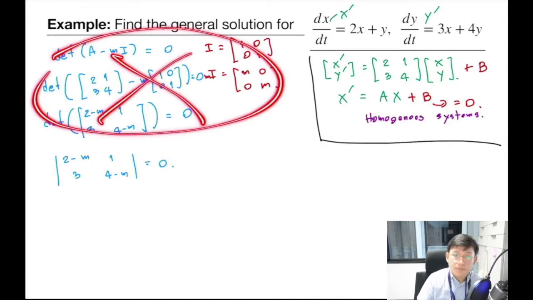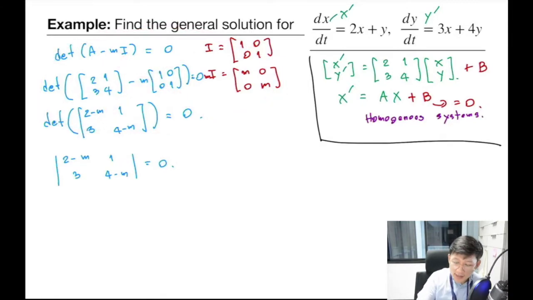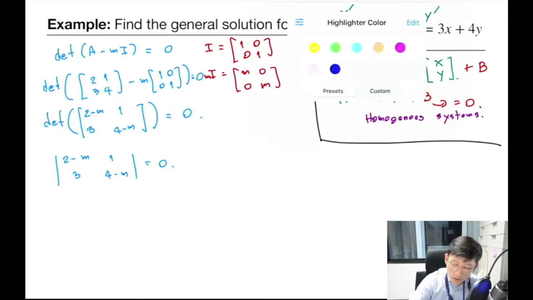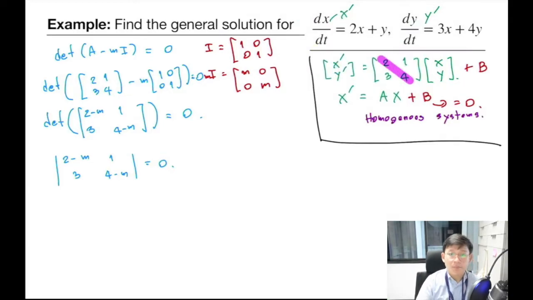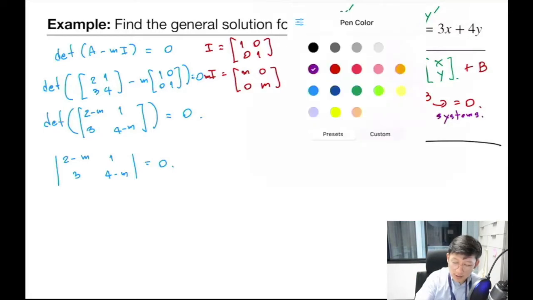You just take A, which is this guy, and then you minus M from the diagonal line, which is this line. So you get 2 minus M, 1, 3, and 4 minus M. Let me make it a little smaller and use the red color. So you just need to minus M from the diagonal line. I'll jot it down here for you.